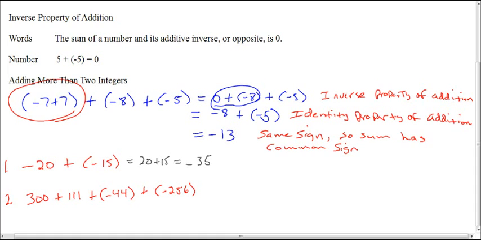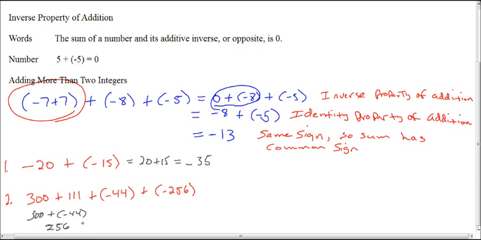Now let's take a look at the second. If we add 300 plus a negative 44, that's going to give us a positive 256.